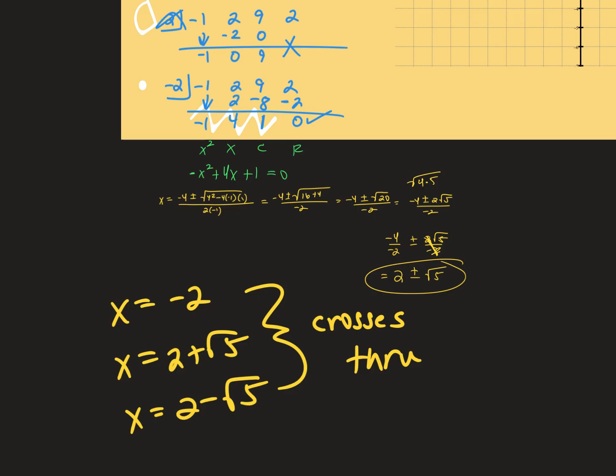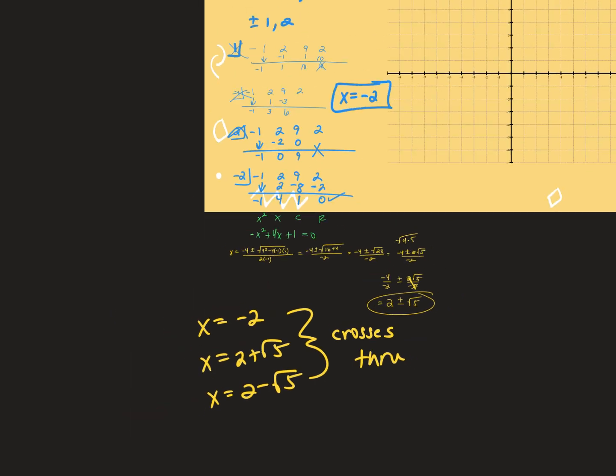Okay, what kind of number is 2? Even. If there's an even number of multiplicity, it bounces. If you have the same answer 3 times, what happens at the x-axis? It goes through. If you have an even number of multiplicity, you have the same answer twice, 4 times, 6 times. That's when it bounces. If it's 1 time, or you have the same one 3 times, that's when it goes through.